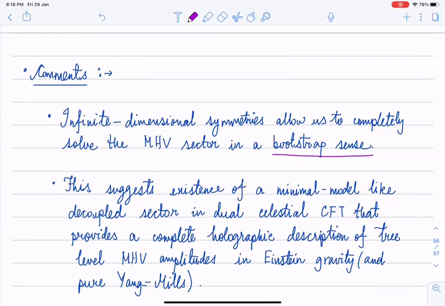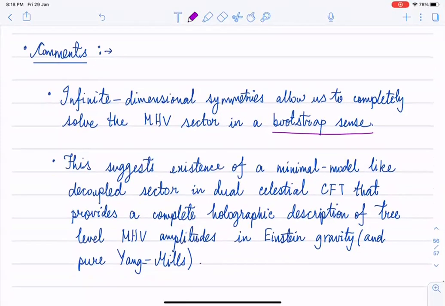So even the leading OPE coefficient is fixed, the subleading OPE coefficients are fixed and all that. Therefore, it determines all the data that you would need in principle to compute the scattering amplitude. So in a bootstrap sense, these infinite dimensional symmetries allow us to completely solve for the MHV sector, at least at tree level.